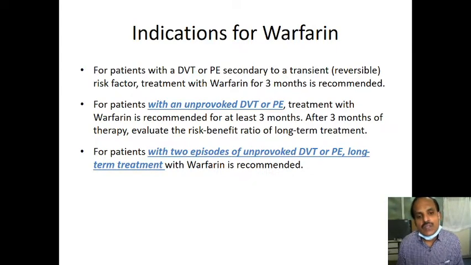So if someone asks what are the uses of warfarin, first is prevention of deep vein thrombosis, next is treatment of deep vein thrombosis, then prevention of pulmonary thromboembolism, the next is treatment of pulmonary thromboembolism, and the last one is in people with atrial fibrillation who are at risk of stroke.